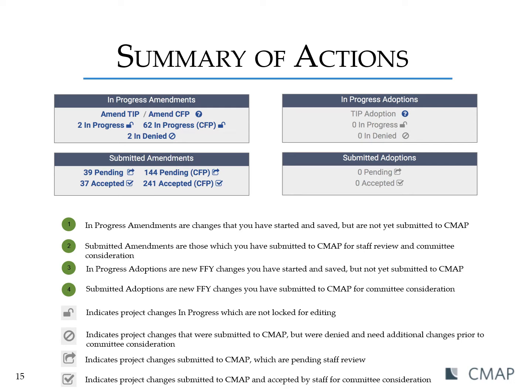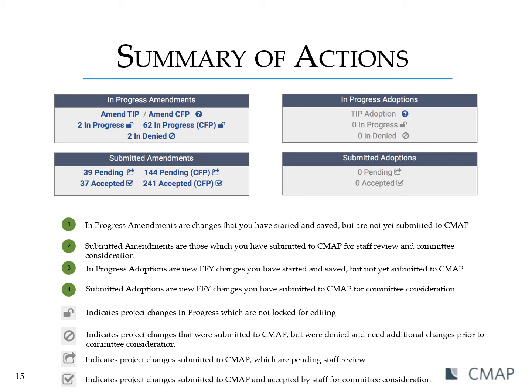Those are only active in the fall when we complete the changeover from the current federal fiscal year to the next federal fiscal year. I do want to highlight the difference between in-progress amendments and the in-progress CFP amendments. So if we look at these 2 boxes on the left side, the ones without the CFP, so the in-progress and submitted, those are projects and actions related to the current TIP, whereas on the right side with the CFP notation are projects and actions related to calls for projects.